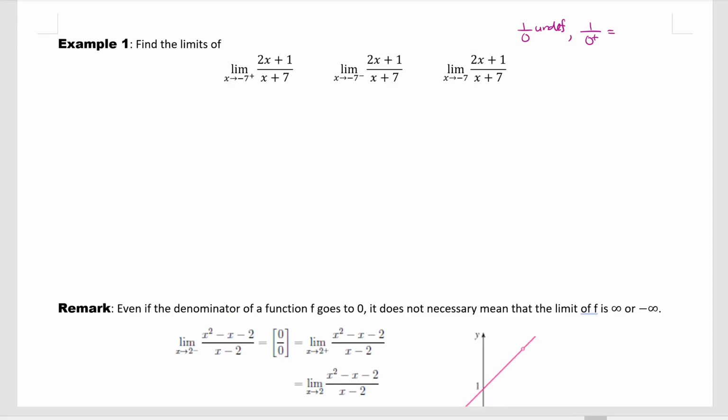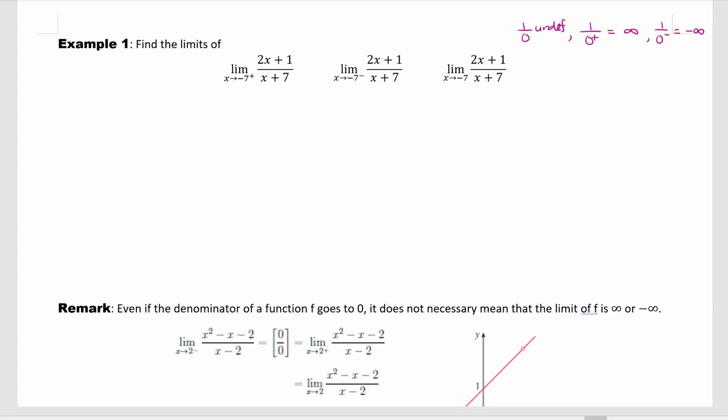We're talking about limits, approaching 0, which is getting closer to it but not equal. So when you have a smaller number in the denominator, your fraction actually becomes bigger. So this will be infinity, and 1 over 0 minus will be negative infinity.